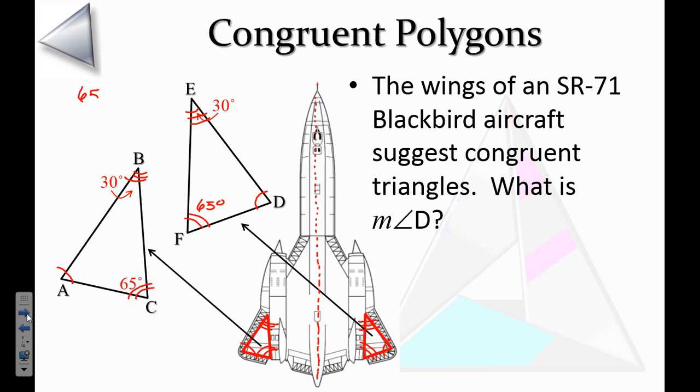Good. 65 plus 30 plus x equals 180, because yesterday we said the sum of the interior angles of a triangle is 180 degrees. So I've got 95. If 95 plus x is 180, what's x? 85. So angle D has a measure of 85 degrees. Are we good? Okay.